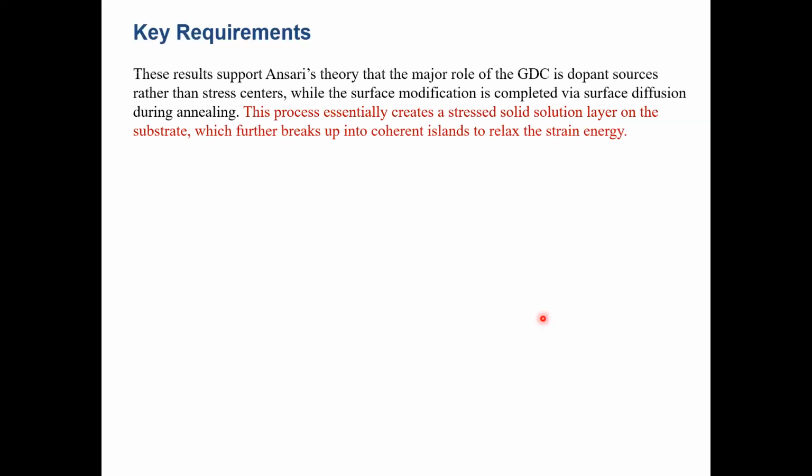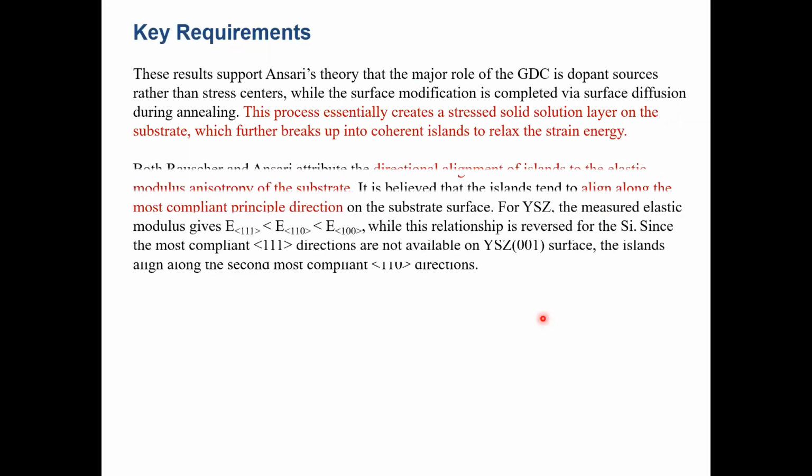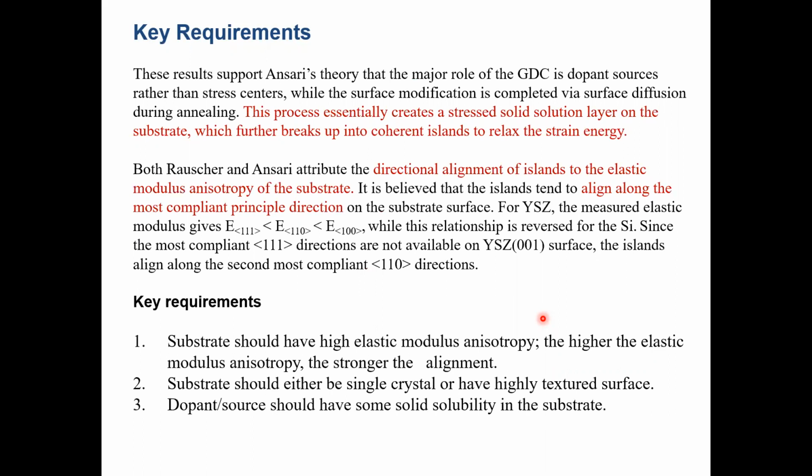So with that, I'm going to move on to the key requirements. The substrate should have high elastic modulus and anisotropy. They should choose a substrate that has very high elastic modulus and anisotropy. The higher the anisotropy, the better the alignment. The other requirement is that your substrate should either be a single crystal or have a highly textured surface so that the orientation is preserved.